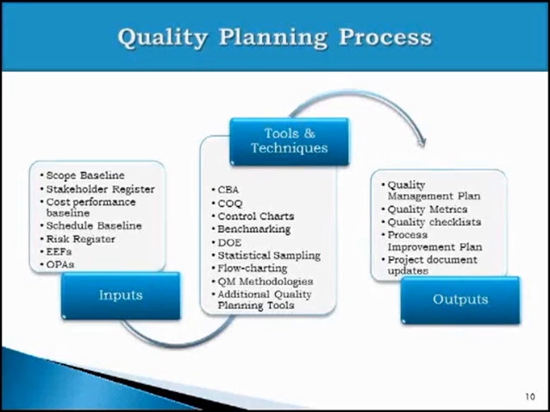So the quality planning process, which is the focus area for today's session, takes a few inputs. As I said in our previous slide, before you think about quality, you should know your requirement. So the quality planning process takes inputs like scope baseline, stakeholder register, cost performance baseline, schedule, risk, enterprise environmental factors, and organizational process assets. Here I want to re-emphasize the importance of the enterprise quality policy.